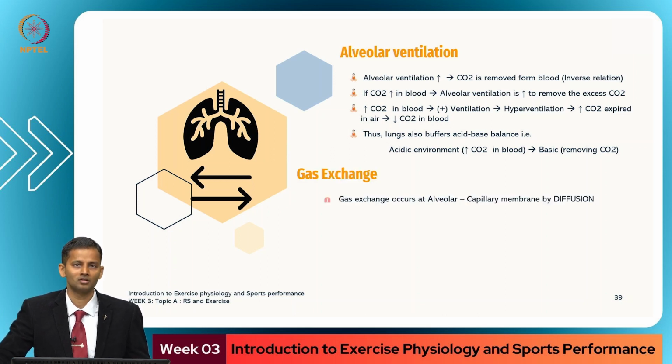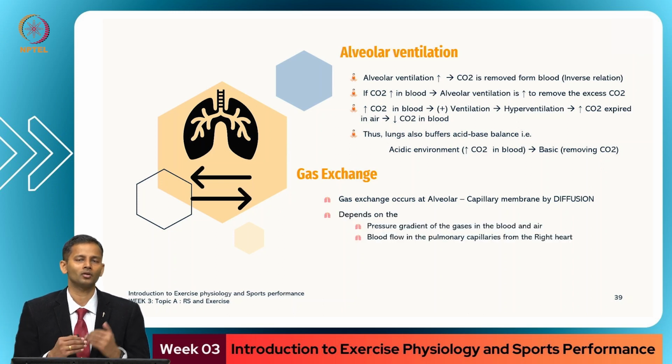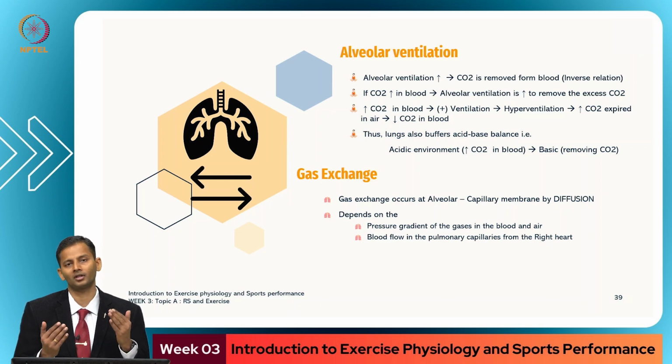So gaseous exchange occurs at the level of the alveoli, beyond the 17th generation of the airway tree, and that entire membrane is the alveolar capillary membrane, wherein the exchange of gas happens by simple diffusion. This movement of gaseous exchange by diffusion depends on the pressure gradient.